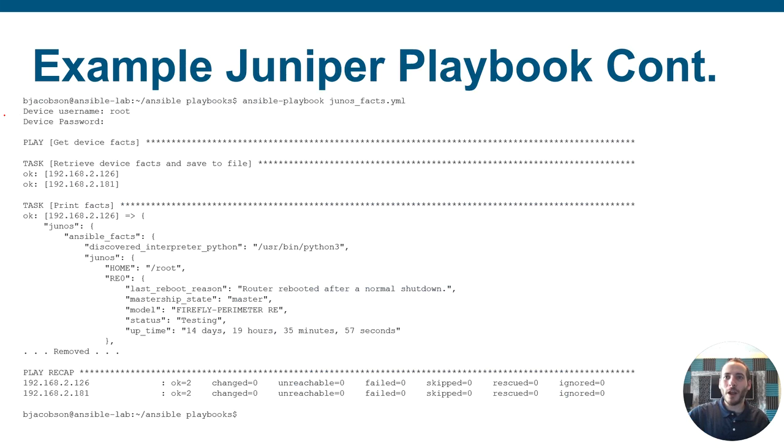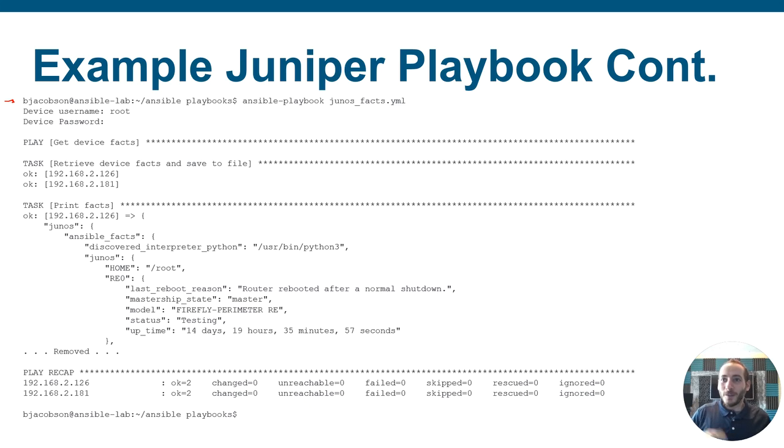So we see up here on our first line that we are executing our ansible-playbook command against the Junos facts YAML file. That is our playbook. We have here that it is prompting for both our device username and device password, and that our password is kept secret here. It is not displayed on the screen while we're typing it.